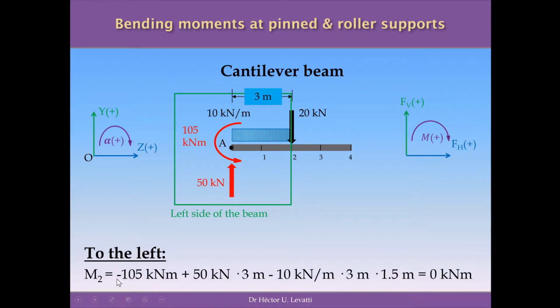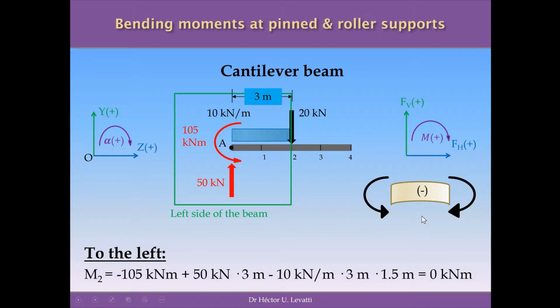So to the left of the structure we have minus 105 kilonewton meter, the reactive moment, plus 50 kilonewton times 3 meters, because the distance from here to here is 3 meters, and minus 10 kilonewtons per meter times 3 meters, the equivalent load of the whole UDL, multiplied by the distance from the middle to cross-section 2, which is 1.5 meters. If we do that, our calculations tell us that there is a moment equal to 0 kilonewton meter at cross-section 2.